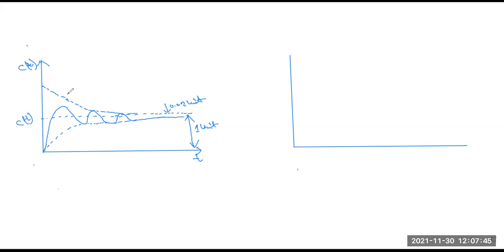And in that part, t equals 1 by zeta omega n, for a second order system. This is the output waveform of the second order control system when zeta is always less than 1. So the pattern is also another, same to same, something like that.